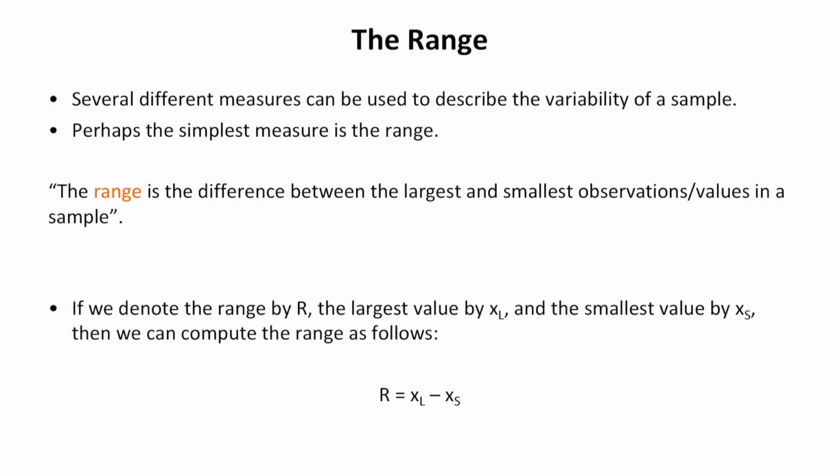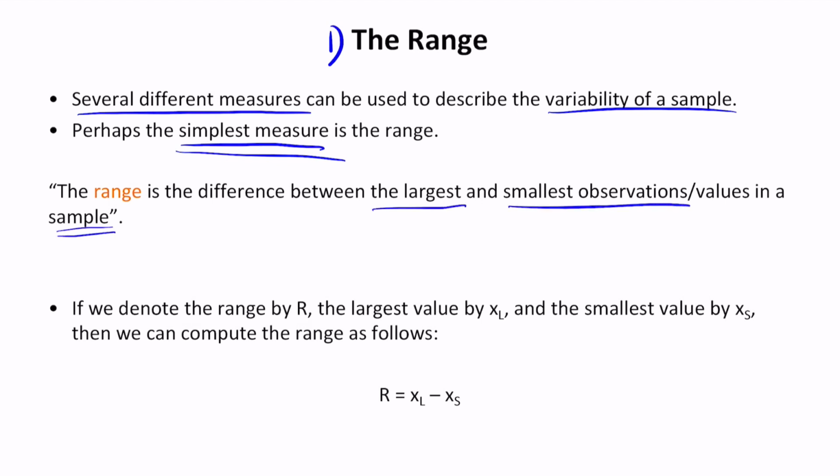There are many measures of dispersion, but we use a select few because these are the most commonly used. Among them, the first one is the range. There are several different measures that you can use to describe variability, but we use the range because it's the simplest of all those measures. The range is the difference between the largest observation and the smallest observation in a given sample.